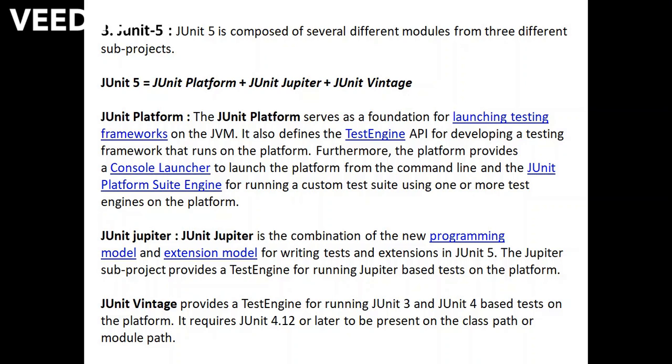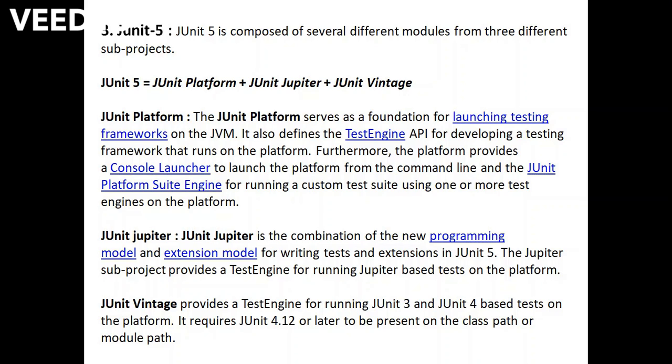Extension model means we can use custom test cases. Suppose you don't want to use the inbuilt APIs, inbuilt functions from JUnit, then you can write your own test cases on another third-party libraries, and you can add those third-party libraries in JUnit Jupiter by using this extension model. So this is JUnit Jupiter basically.